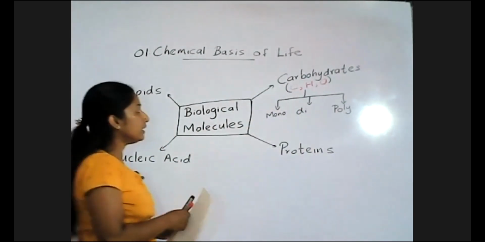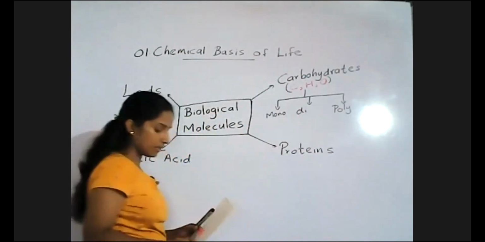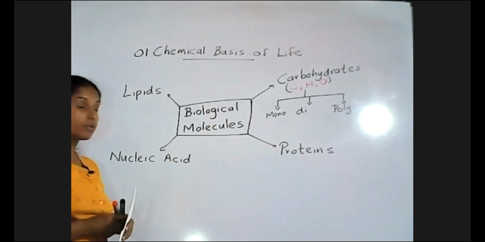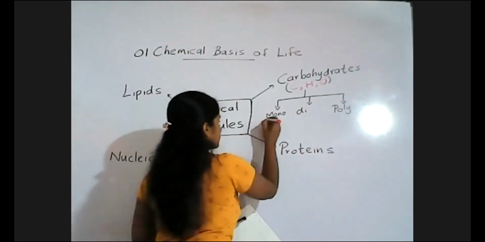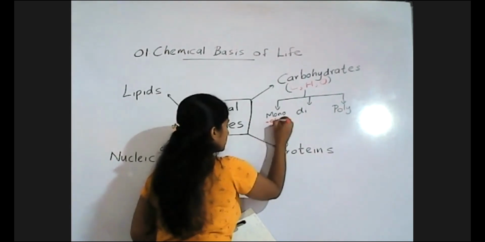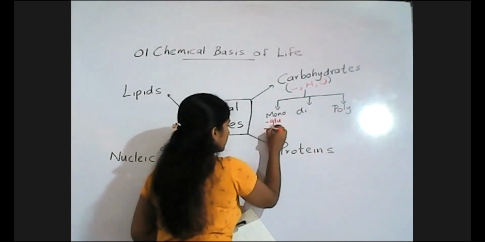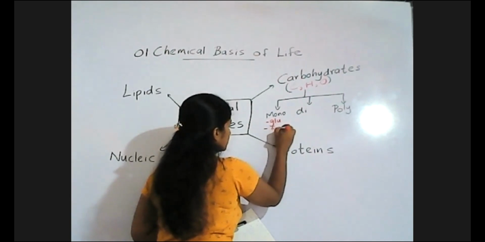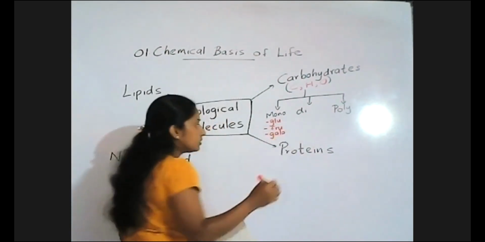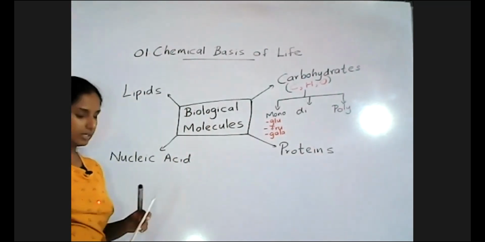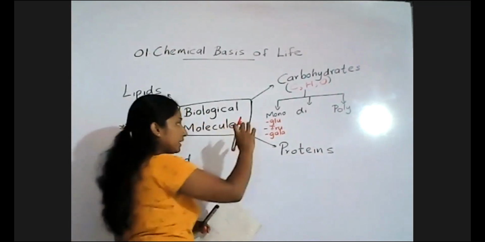Then we will write the examples for these 3. What are the types of monosaccharides? Glucose, fructose, and galactose. Then what are disaccharides?